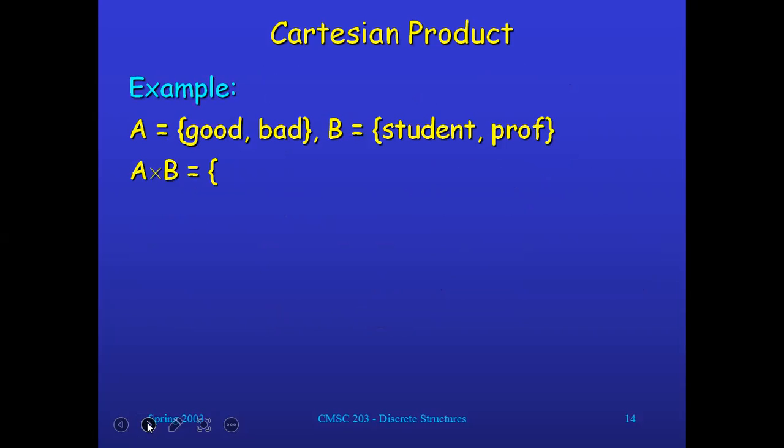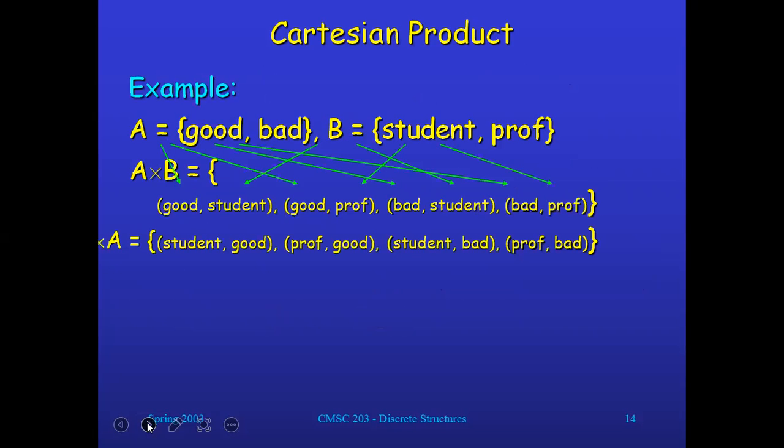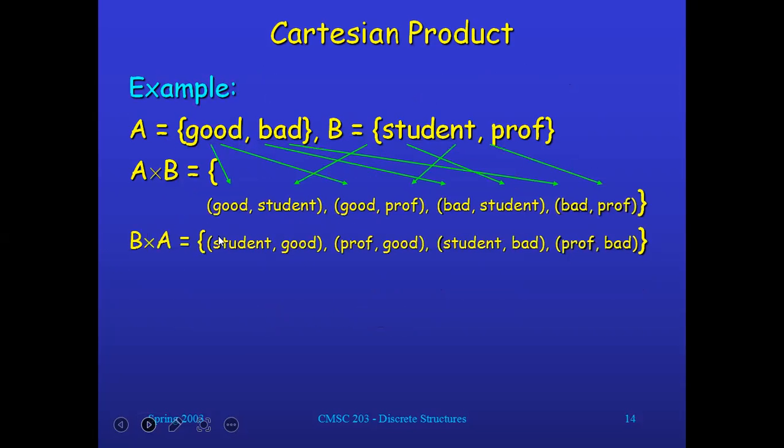If we take A cross B, the Cartesian product of A and B, we get this. How many? Good student, good professor, bad student, bad professor. So how many pairs here? 1, 2, 3, 4. Similarly, B Cartesian product A: student good, student bad, professor good, professor bad.